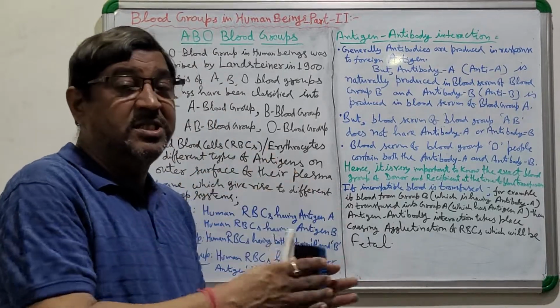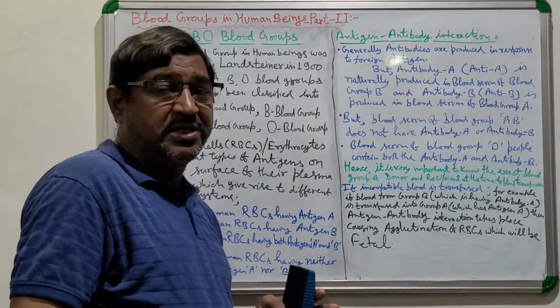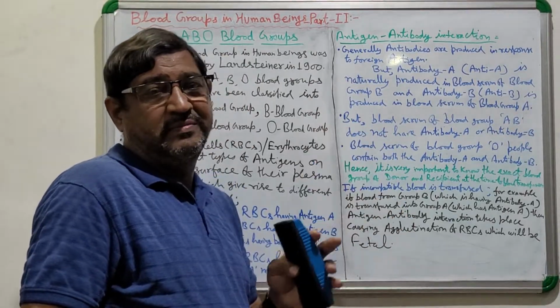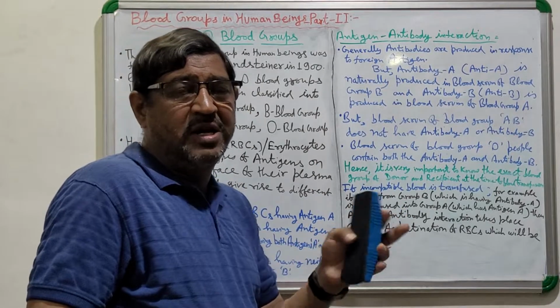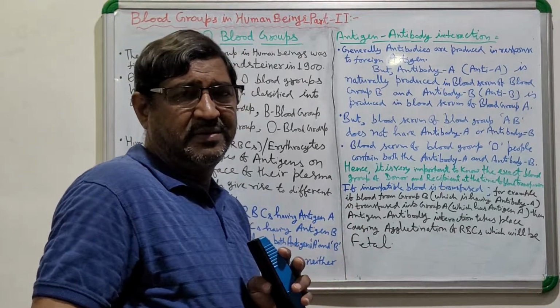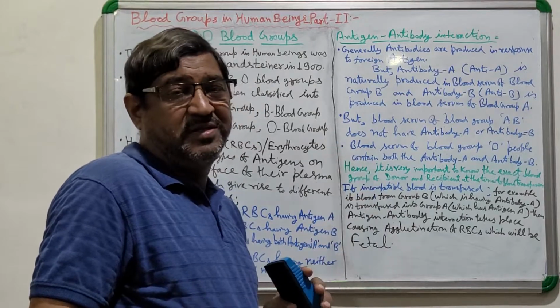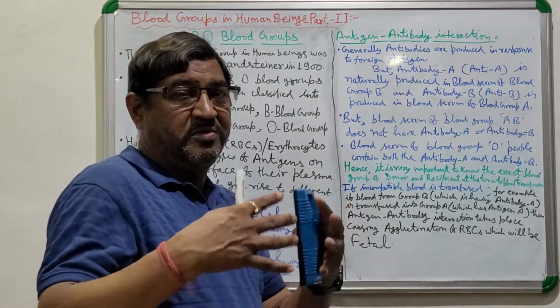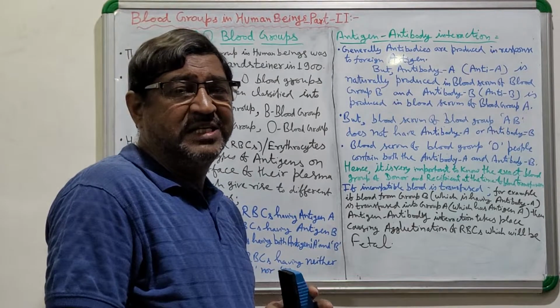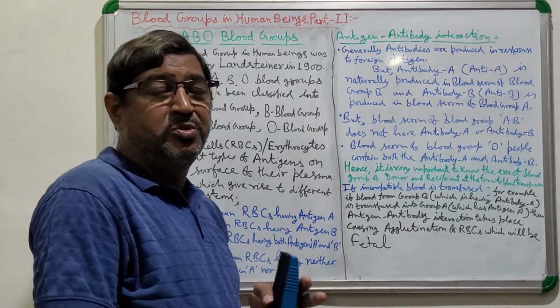So on the basis of this antibody antigen interaction, agglutination, the coagulation, or you can say blood clotting, is happening because of this. So the proper blood group has to be tested at the time of transfusion.